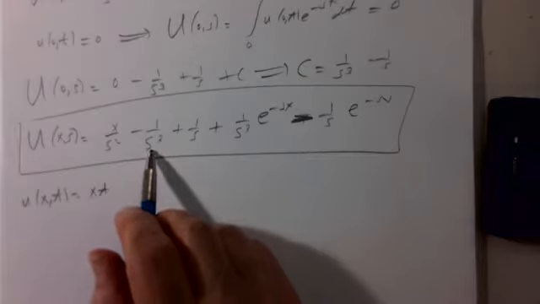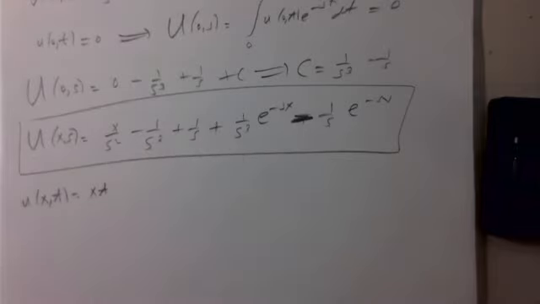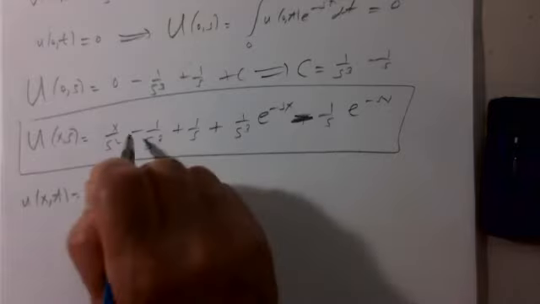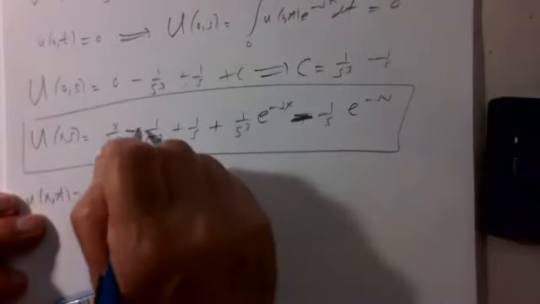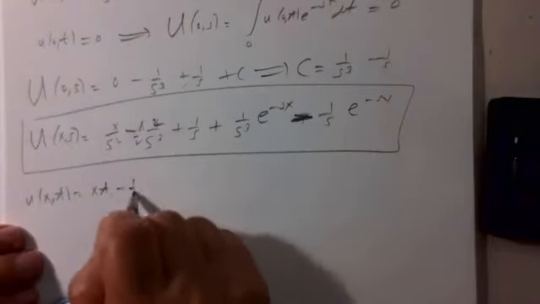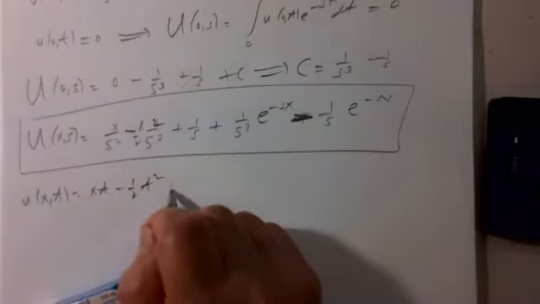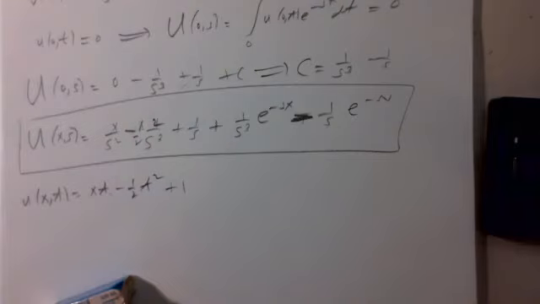The Laplace transform of t squared is 2 over s cubed. So I can write this as, instead of 1, I'll write a half, 2 over s cubed. I get minus 1/2 t squared. The Laplace transform of 1 over s is 1.